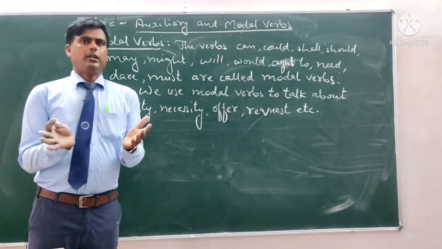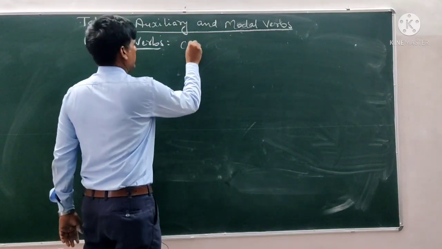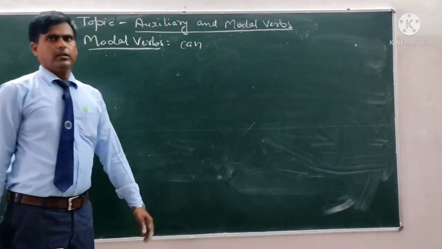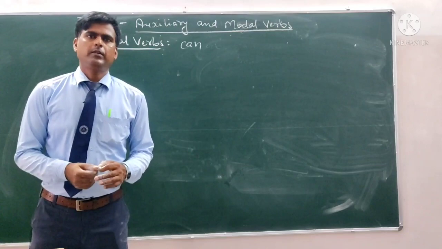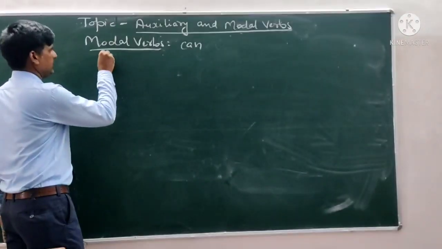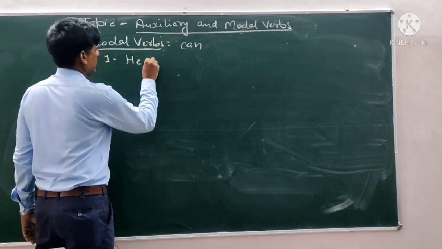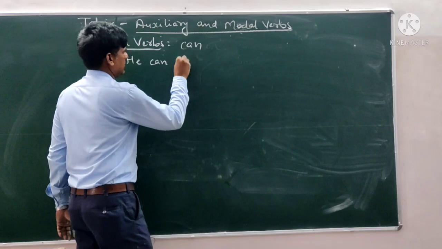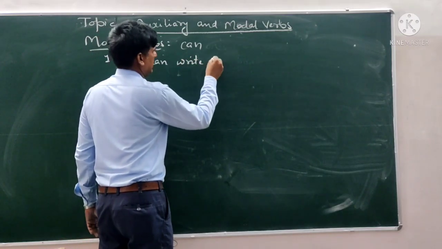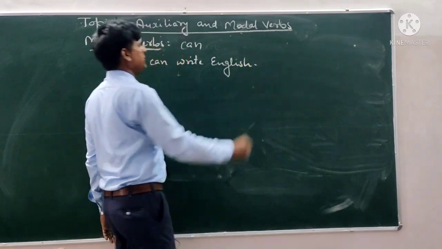Now let us see a few examples of modal verbs. Modal verb can. We can use modal verb can for ability. For example, we can say that he can write English. It means he has the ability to write English.